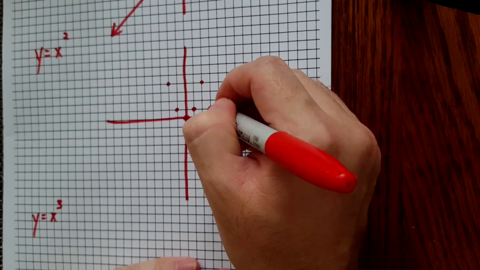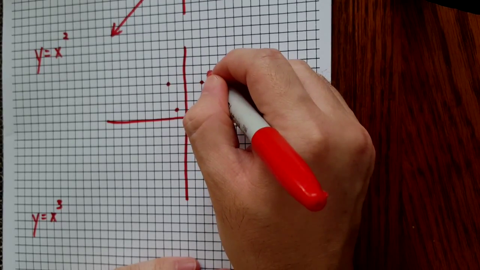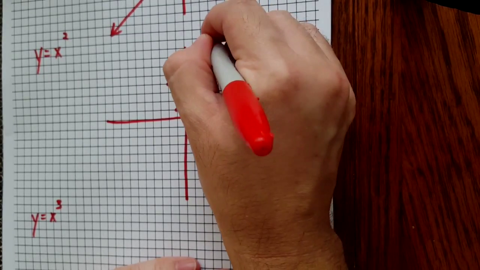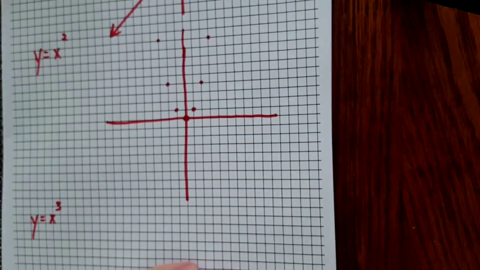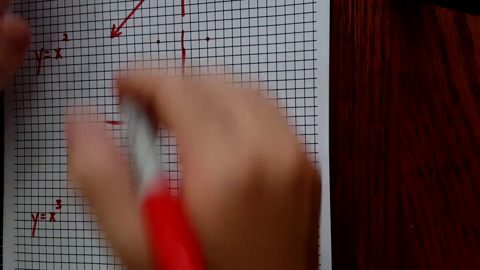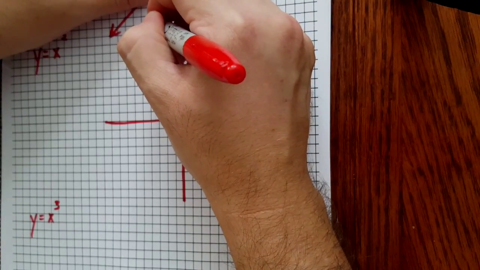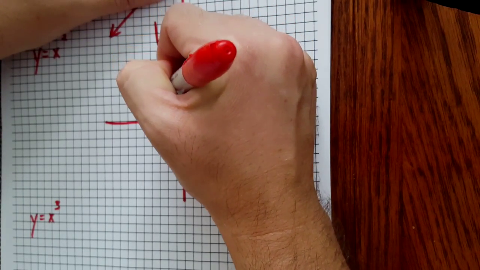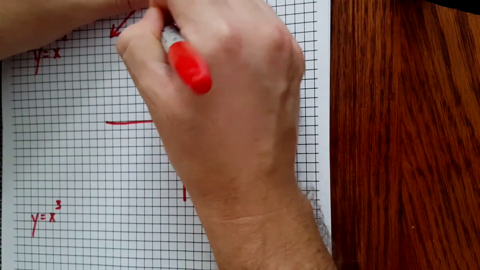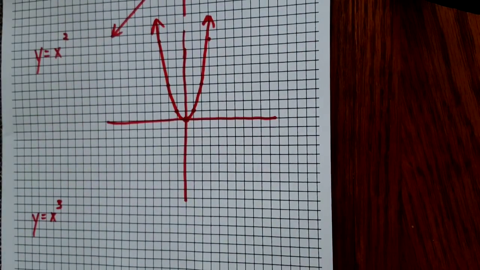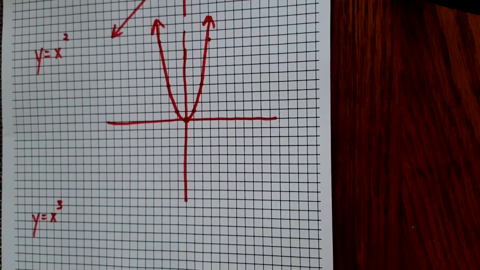Let's see if I can fit it. 1, 2, 3, 4, 5, 6, 7, 8, 9. Yes. Extend this a little bit, and I have a very good picture of the graph of y equals x squared. Hopefully I can trace this in without doing too much damage. That's not bad. Okay, so I have a graph of y equals x squared.